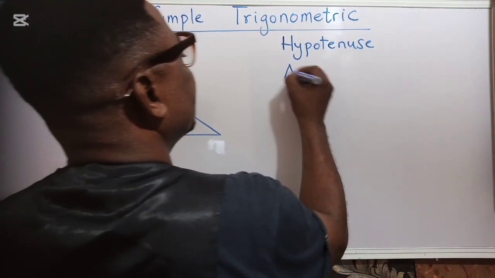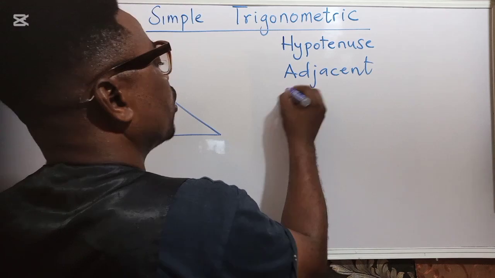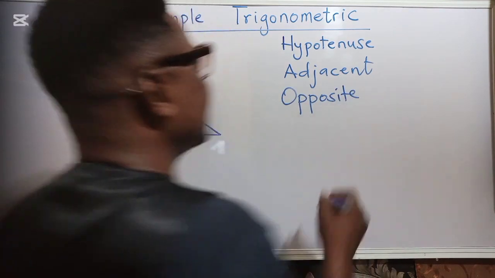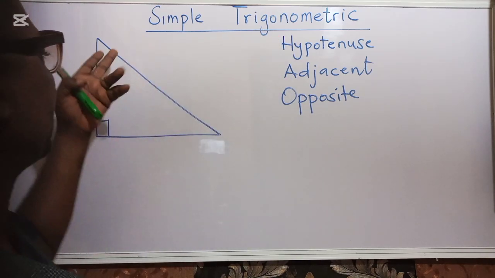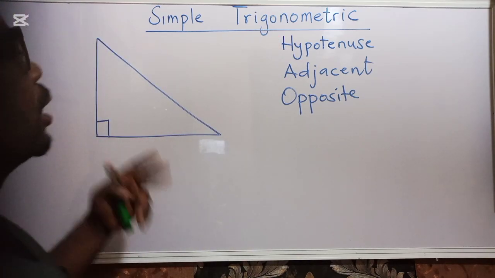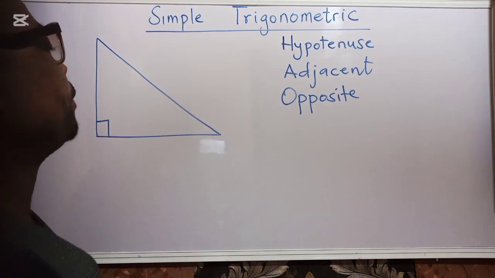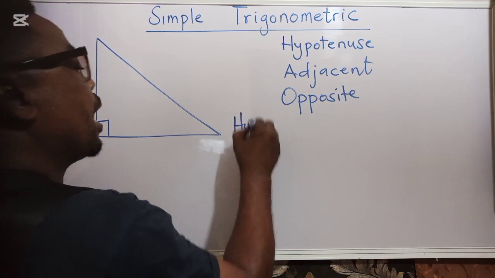The second is adjacent. And the third is opposite. We need these three to be able to talk about the sides of the triangle, especially a right angle triangle. Now, what is hypotenuse? Let's quickly take that definition.